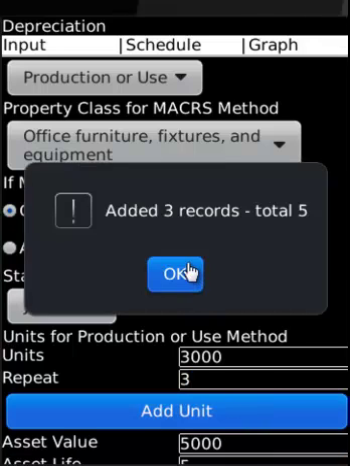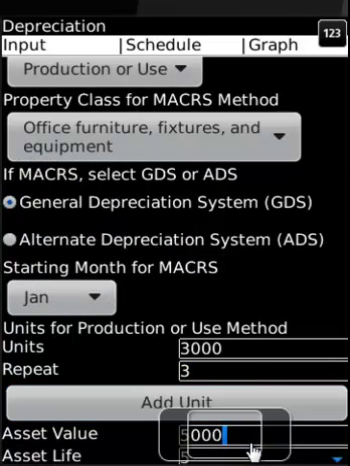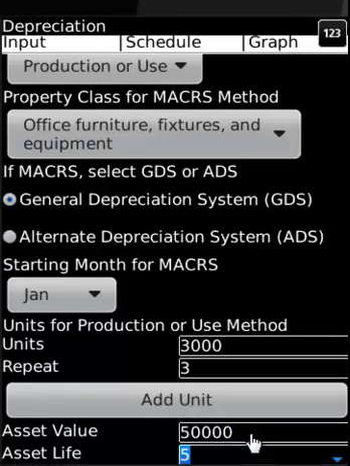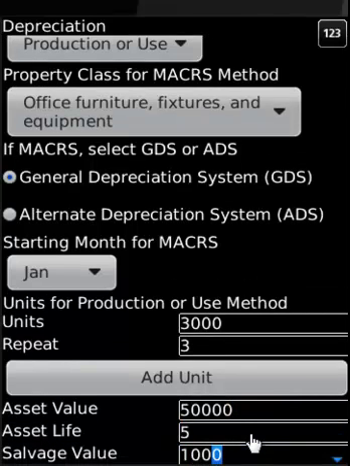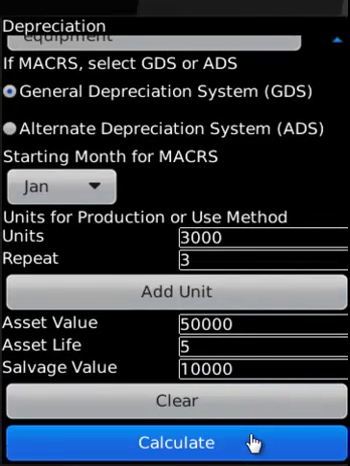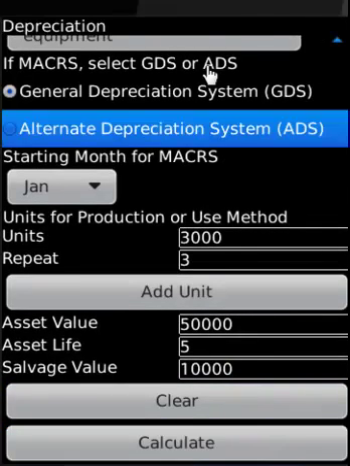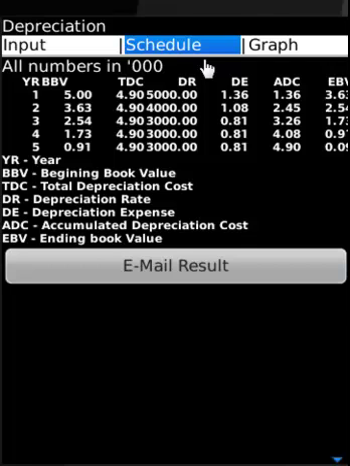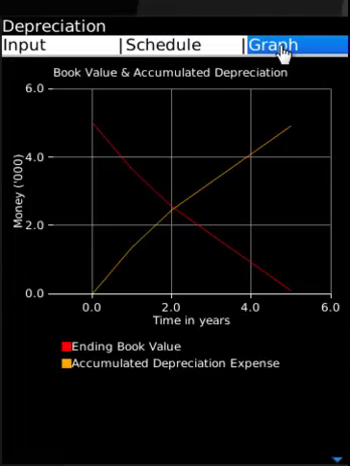So we added all those. Let us say 50,000 is the asset value, 10,000 is the salvage value, and we are going to calculate the schedule 1 2 3 4 5, and this is the rate, and this is the graph.